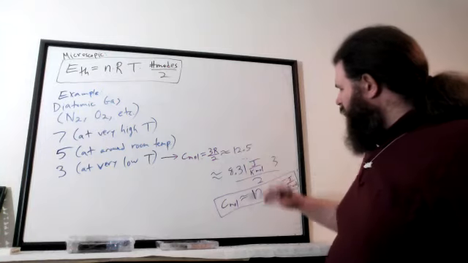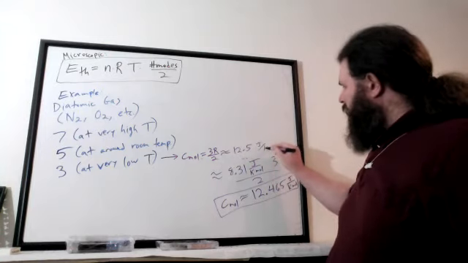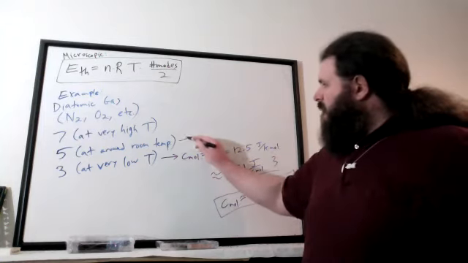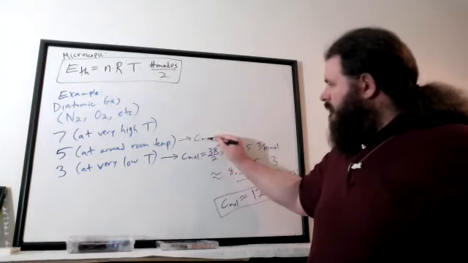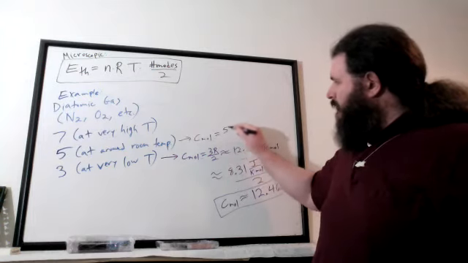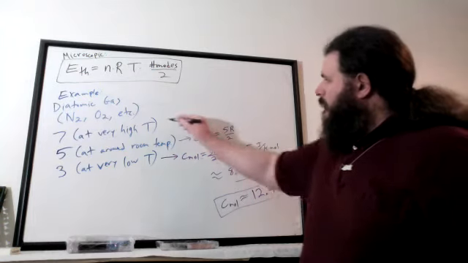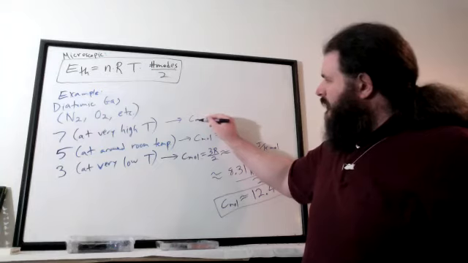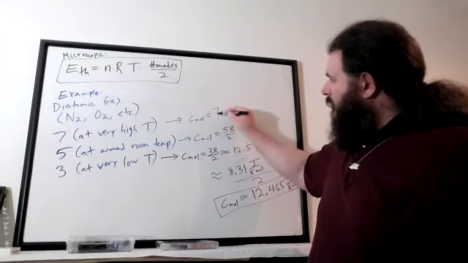I'll say round up to 12.5. If we got 5 modes per particle at more room temperature range, we'd have 5R over 2. Or at very high temperatures, we'd expect it to max out at 7R over 2.